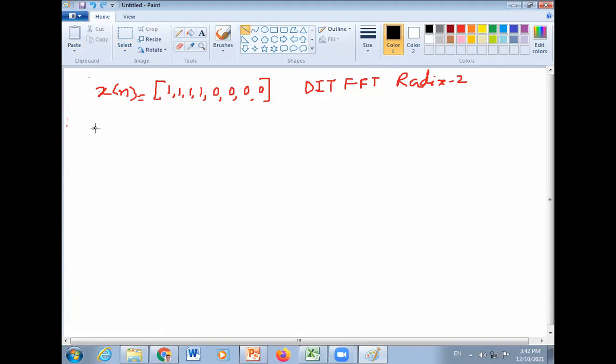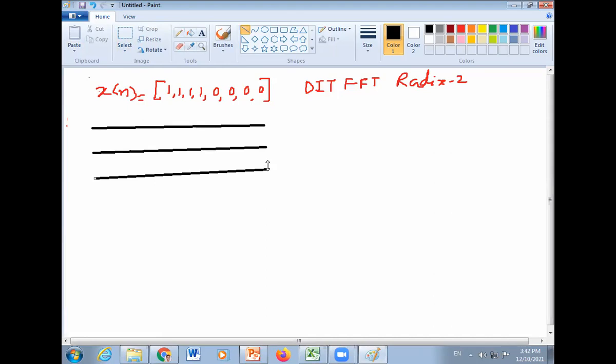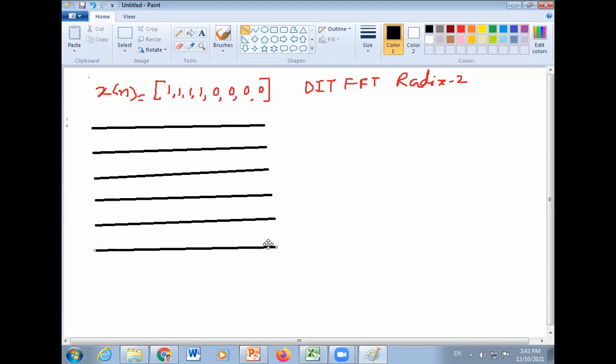You just draw 8 horizontal lines. Draw 8 horizontal lines now. How many are done? 3, 3, 6, 7 and this is 8. Okay.